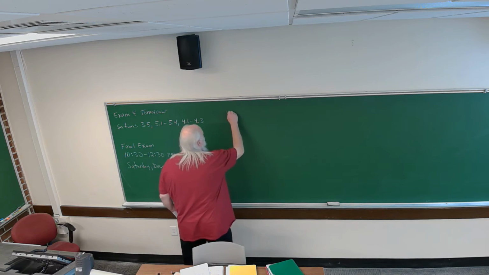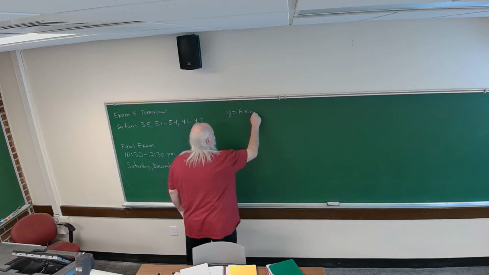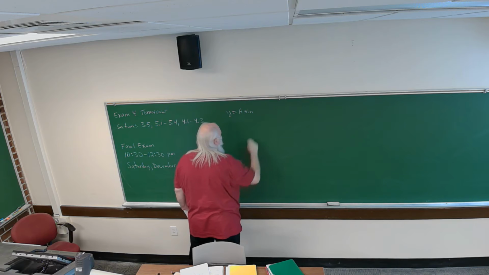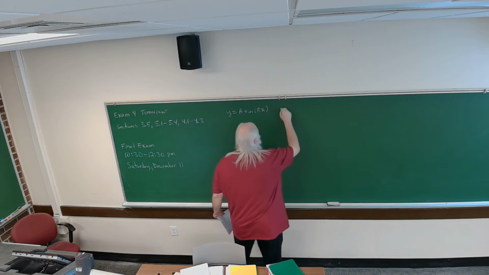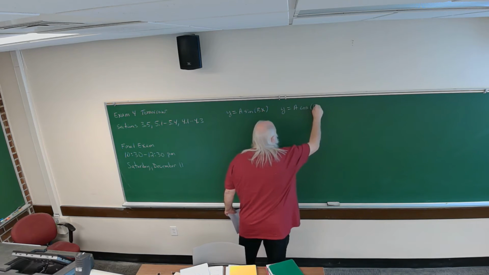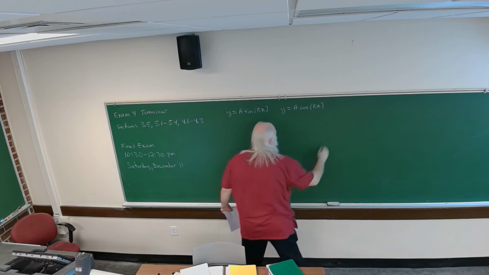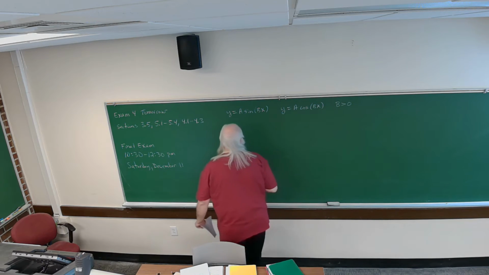so before we were graphing transformed sine and cosine functions of the form y equals a times the sine of bx and y equals a times the cosine of bx. B is greater than 0, it's positive.